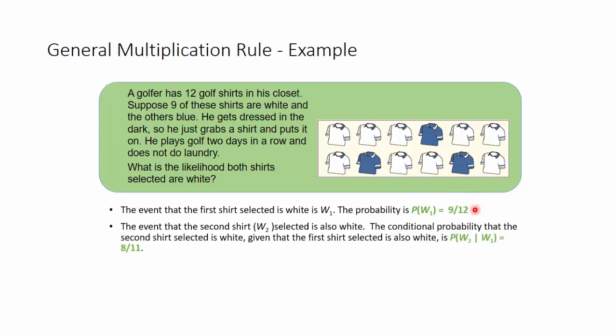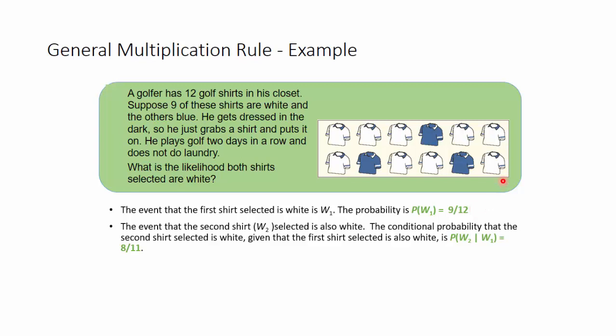The second event of selecting another white, W2, would depend on what shirt was selected first, because once a selected shirt is taken out, it is not replaced back. When you do not replace, it becomes conditional. What you took first will determine the probability of what you take second.